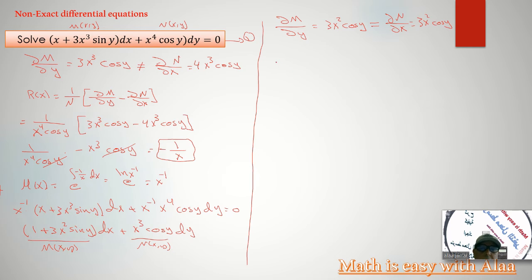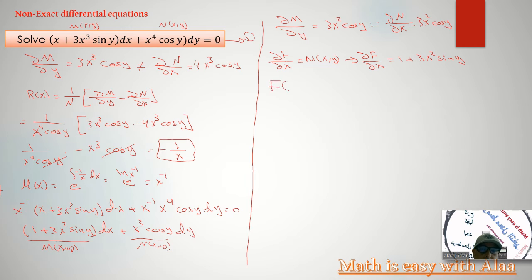Now partial f with respect to x equals M(x,y). So partial f with respect to x equals 1 plus 3x² sin y.